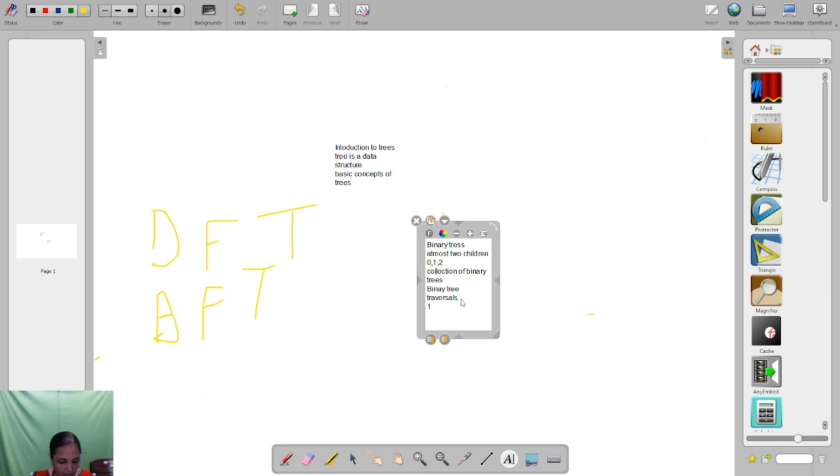The first one is preorder traversal. The second is inorder traversal.